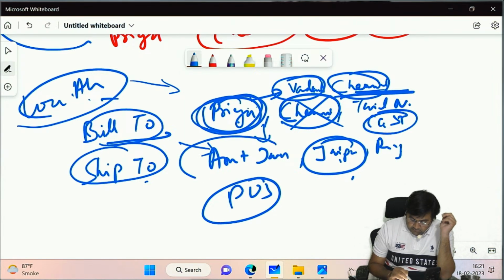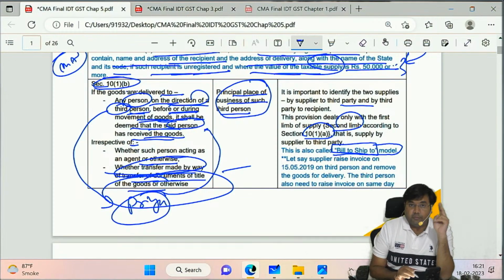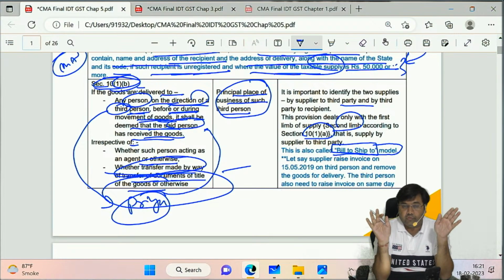So what is going to be the place of supply for this transaction? There are two transactions. The first one is taken care of by section 10 subsection 1 clause B. The second transaction is between Priya and Amit, because Priya is selling to Amit. So section 10 subsection 1 clause B takes care of only the bill to ship to model.